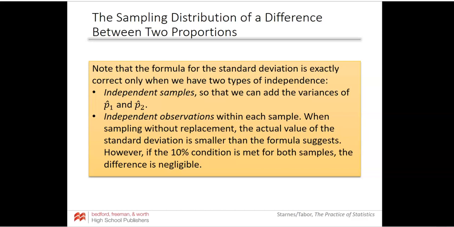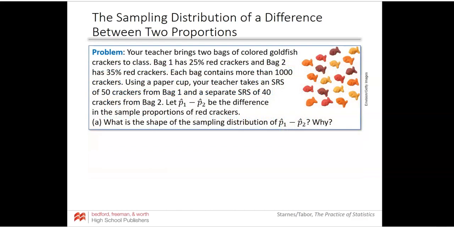It's exactly correct only if we have independence. Independent samples is exactly correct. When sampling without replacement, the actual value is smaller than the formula suggests. However, if the less than 10% condition is met for both samples, it's pretty close, and that's usually the case. Usually we sample without replacement, so they're not always completely independent.